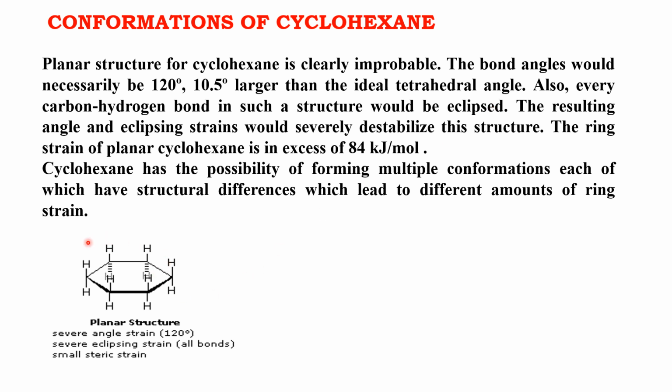So this planar structure is strained, and since there is a carbon-carbon single bond, this cyclohexane molecule could undergo flipping or rotation around the carbon-carbon bond without breaking the carbon-carbon connections or the cyclic structure, resulting in the formation of different conformations. Listen carefully. It is a carbon-carbon single bond.